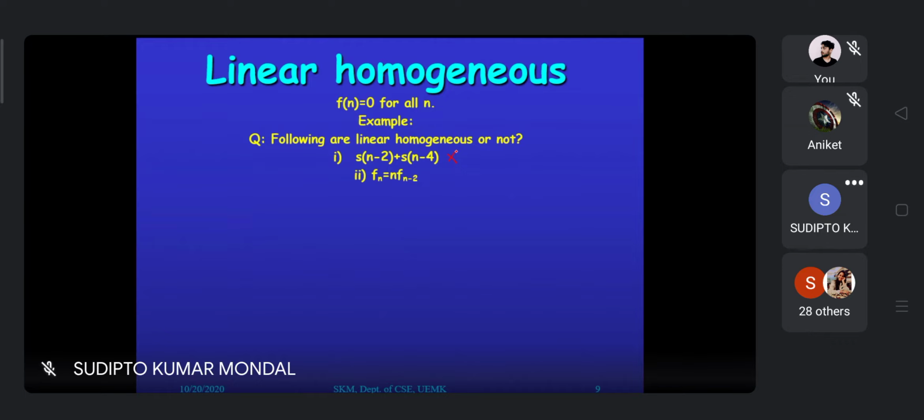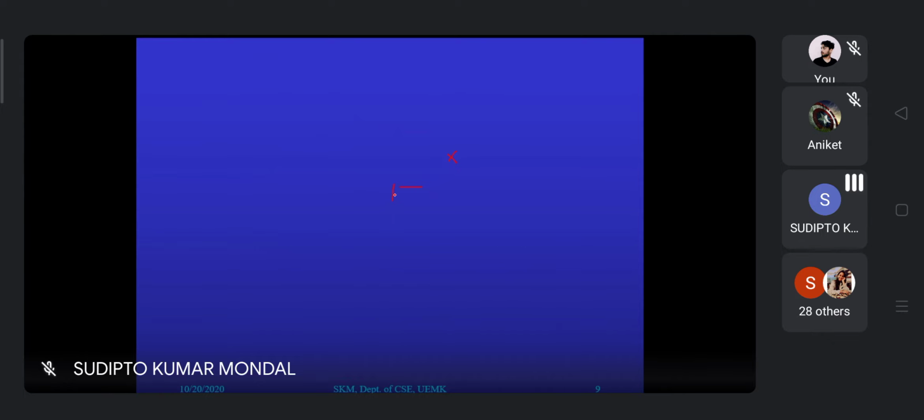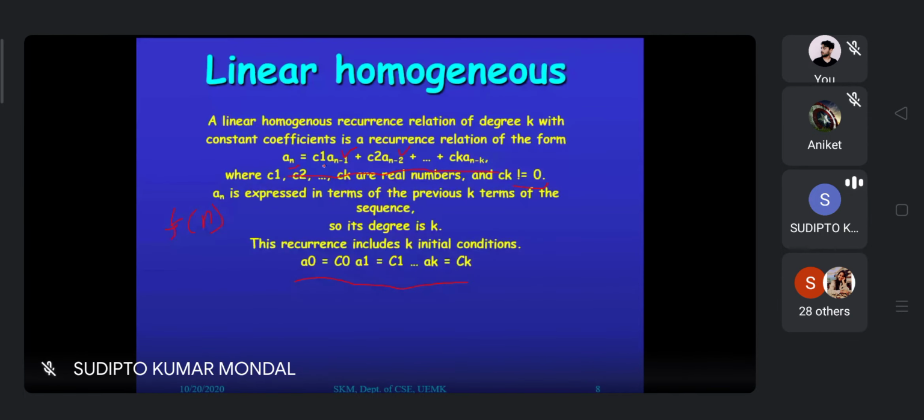Okay. So F(n) equals n into F(n-2). Look carefully. The nth term is dependent on its previous term. Yes, it is dependent on its previous term. But the important fact is that it is written n into F(n-2). If I go back to the previous slide, we can notice that a_n equals c1 into a_(n-1). Yes, that is the previous term, that is also a previous term, so any number of previous terms, as we mentioned.